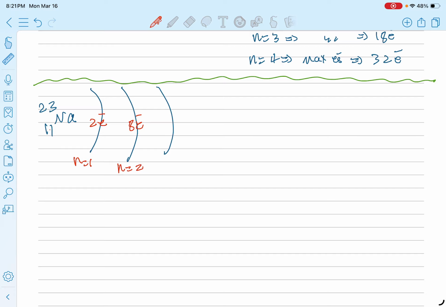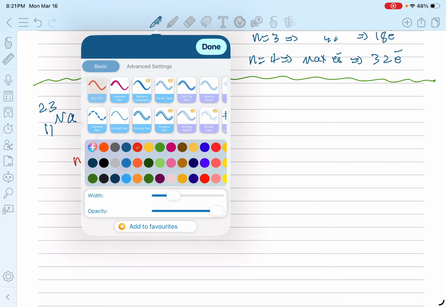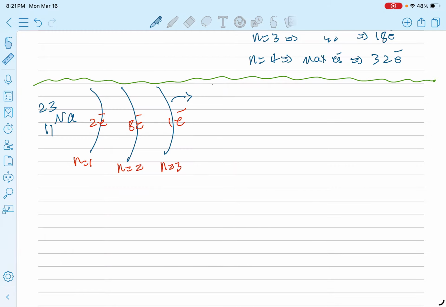The atomic number is 11, and that represents the number of protons or positive charge, so we have 11 electrons as well, right? 2 and 8 is 10, so 1 electron. For sodium as well, this is the valence shell, and this electron is the valence electron.